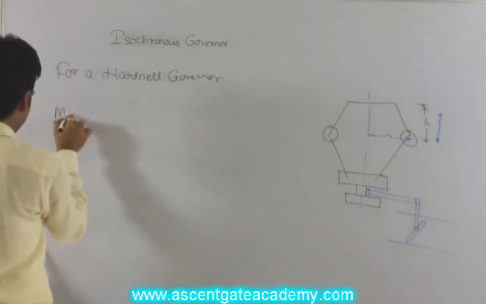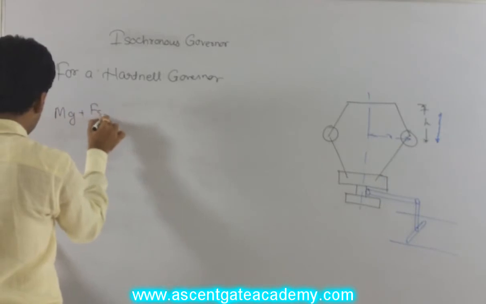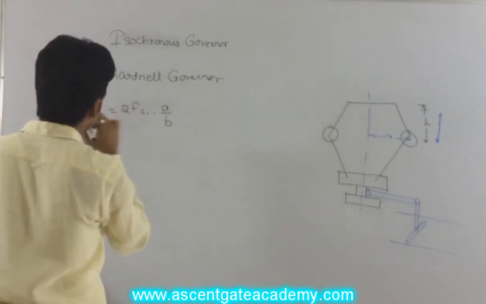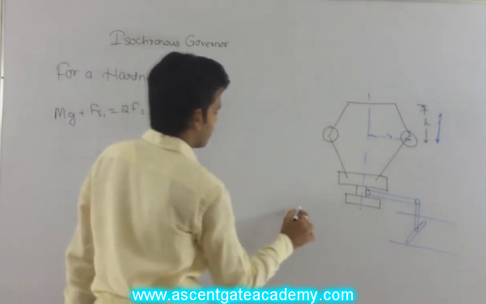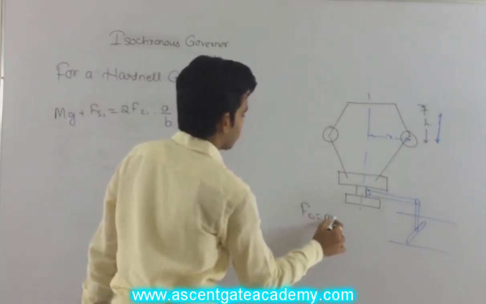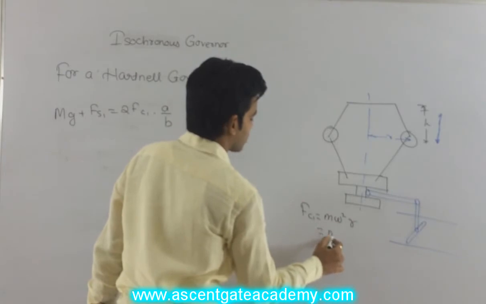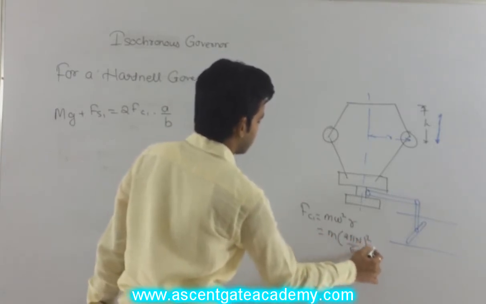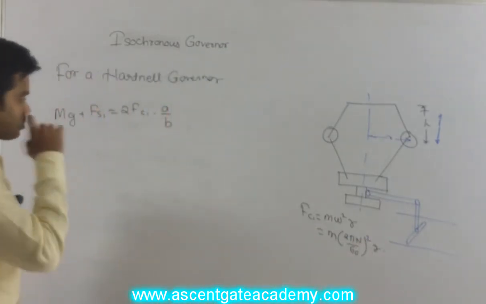Okay, similarly for a Hartnell governor, as we know from the formula, mg plus fs1 is equal to 2 fc1 into a by b. And this fc1 can be further written as m omega square into r, or m into (2 pi n by 60) whole square into r, where omega is 2 pi n by 60. So just put the value.